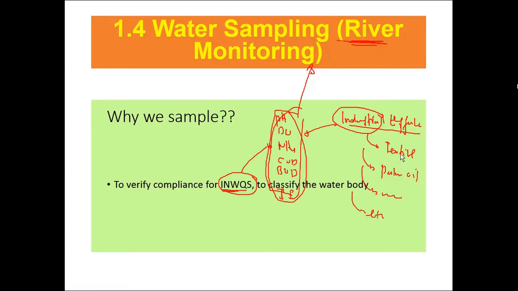So you need to identify what industrial effluent you want to measure. Let's say for palm oil, you should know the main parameters present in the palm oil effluent.